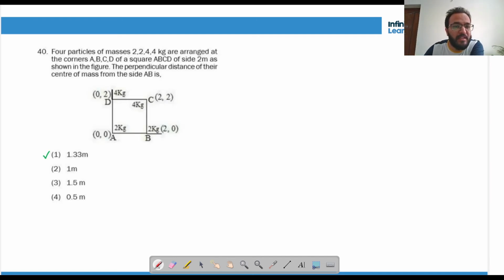Now 4 particles are arranged, the perpendicular distance of this, and see, if I see 4 kg here, 4 kg here, their center of mass will lie here. 2 kg here, 2 kg here, their center of mass will lie here. So we can convert them like this. This is 8 kg and this is 4 kg and this height is 2 meter and this height is 2 meter.